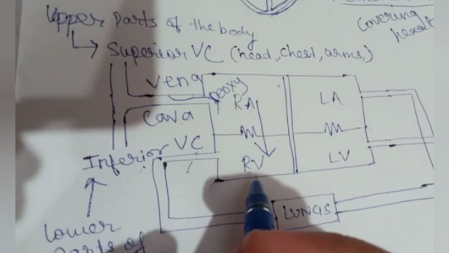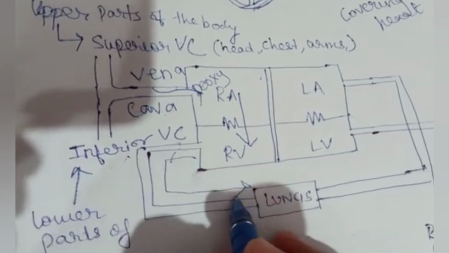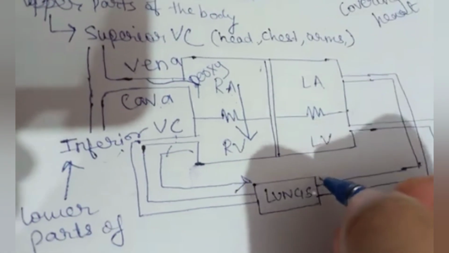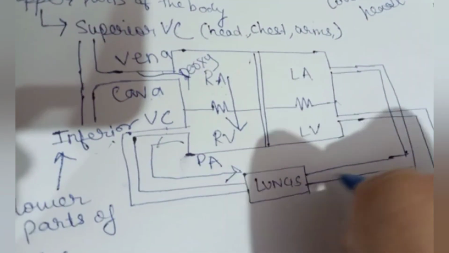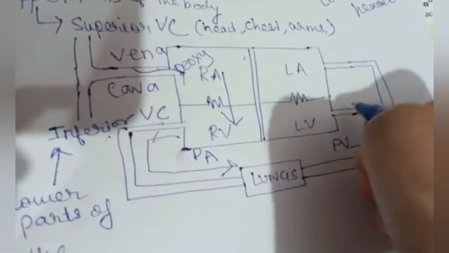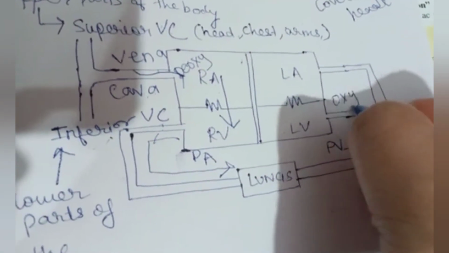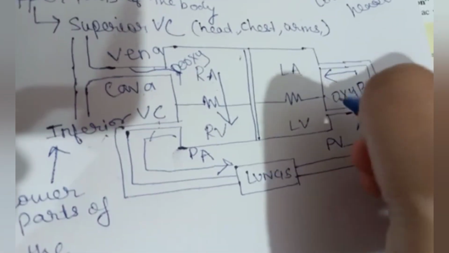From the right ventricle, through the pulmonary artery, it is going to the lungs. Now from the lungs, the pulmonary vein is bringing the oxygenated blood. Where is it bringing? To the left auricle.